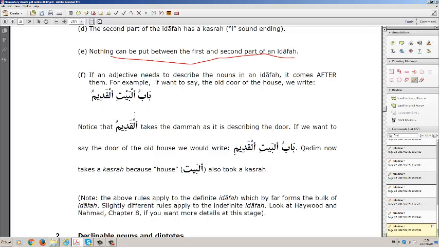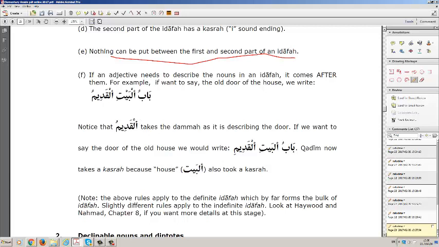For example, say you want to say the big door of the house. Normally an adjective comes right after, so you'd say al-babu al-qadimu.